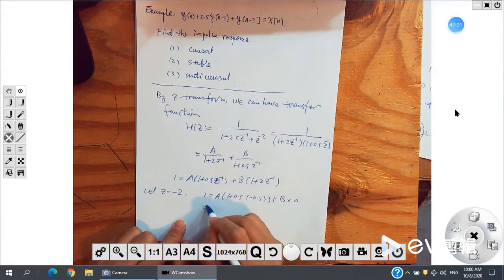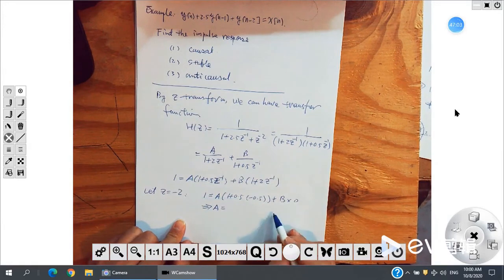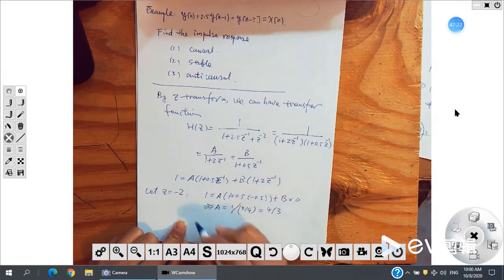So we have A is 1 minus 0.25, that is 3/4. So it's 1 over 3/4, so it's 4/3. This is A. And what is B?